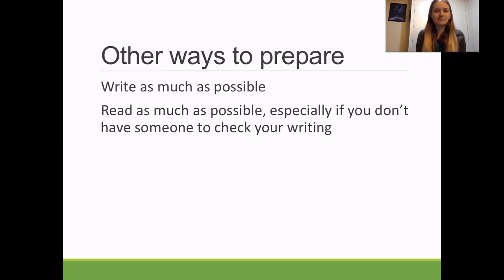So reading can help you to see the way that people are forming their sentences. You can see how they're making complex sentences, and you can be taking note of those things. And maybe you'll see some types of phrases or linking words or descriptive words that you could use in your own writing.